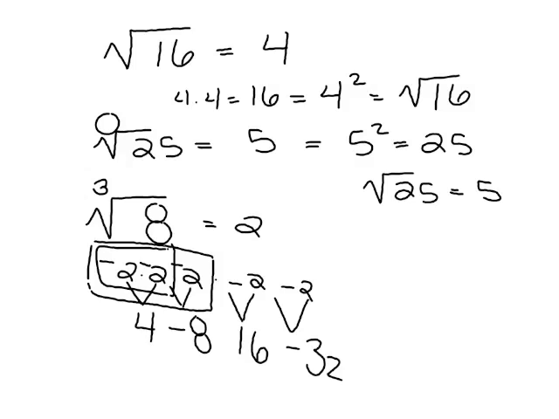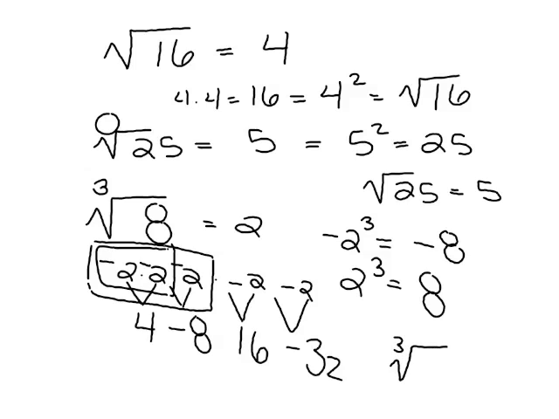So if I have negative 2 cubed, negative 2 times negative 2 is positive 4, times negative 2 is a negative 8. 2 cubed is 8. If I take the cubic root of 8, it's 2. If I take the cubic root of negative 8, it can be a negative 2.